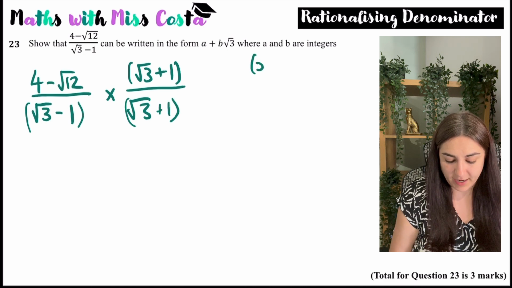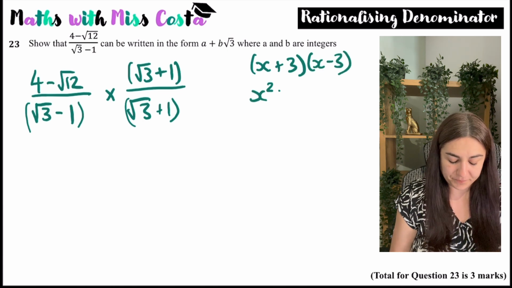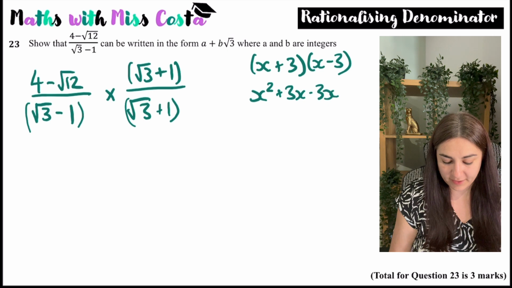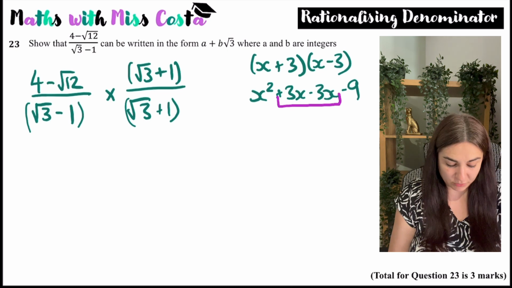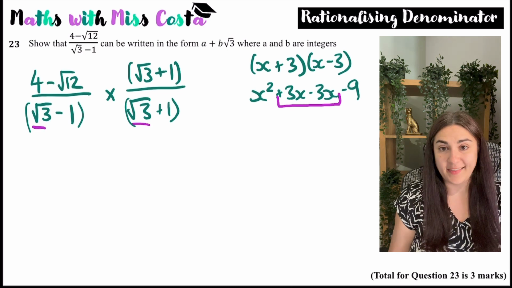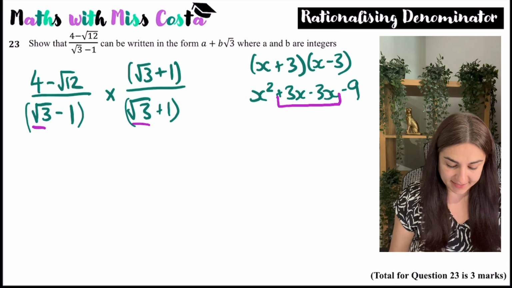Like if I'm expanding brackets, let's say you had x plus 3 and x minus 3, that would become x squared plus 3x minus 3x minus 9. So the x terms, they'd cancel out, just like the third terms in this case are going to cancel out. And that's the whole point of rationalizing. You're trying to get an integer as your denominator.